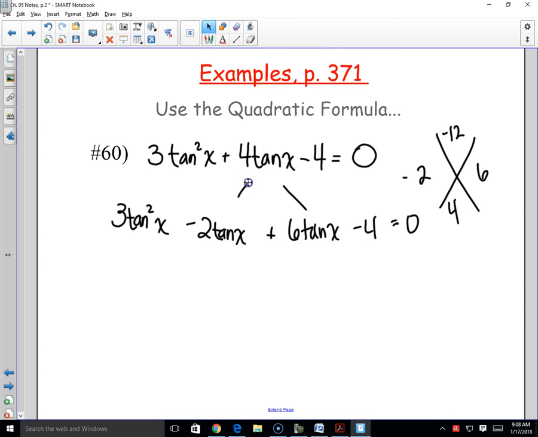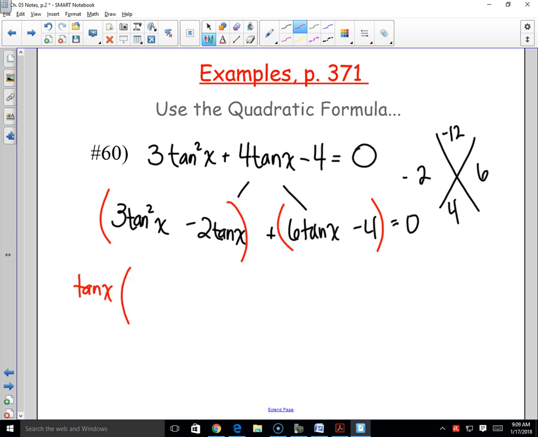Group them. Put them in pairs. What's in common? Tan x. Tan x. What's left when I divide a tan? 3 tan x minus 2. So you guys tracking? Bring back in tan. Tan times tan is tan squared.